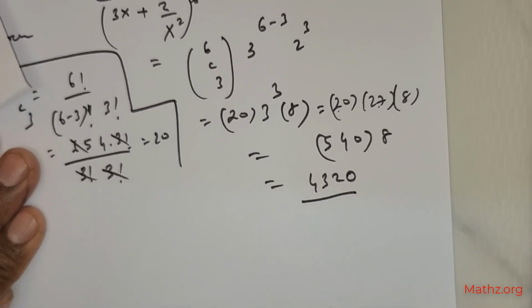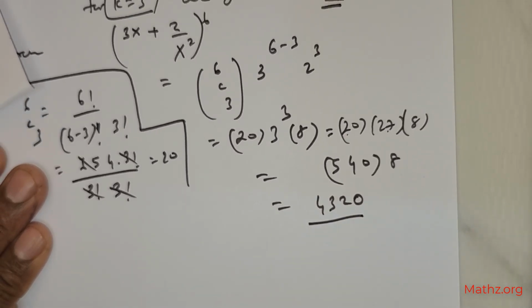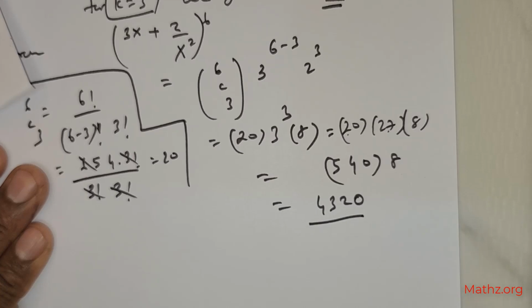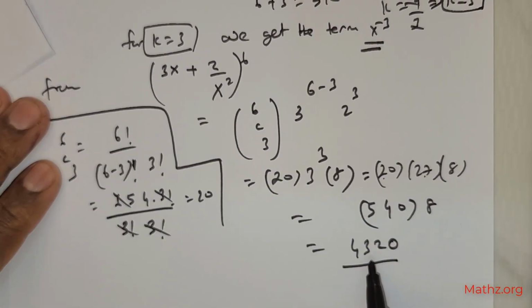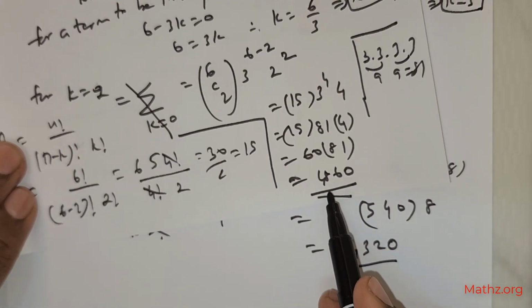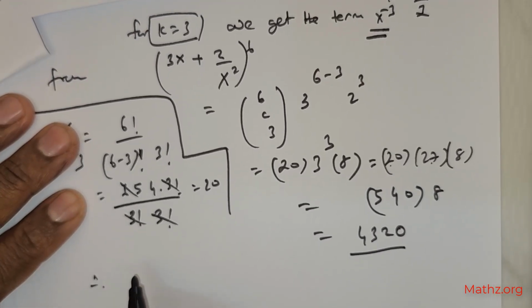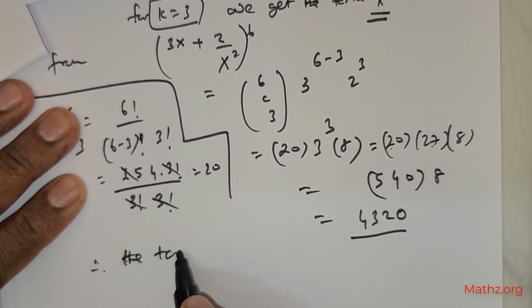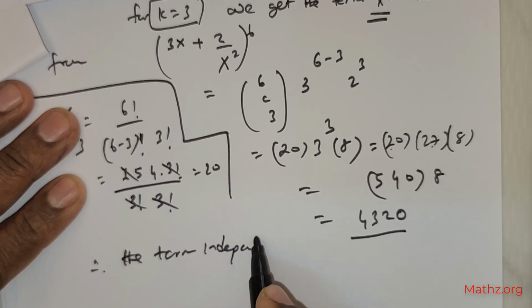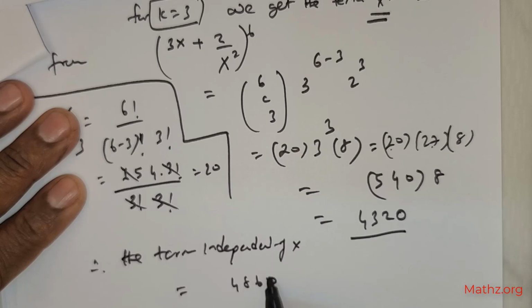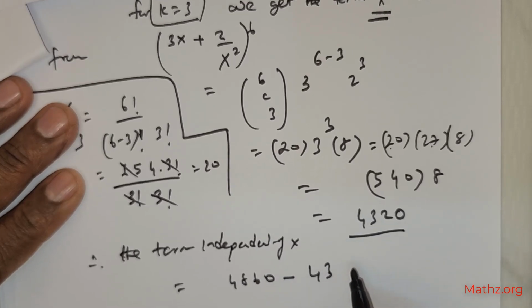Okay, is there anything else? So let's move on. So adding this with this, so therefore the term independent of x is nothing but 4860. You add this 4320.